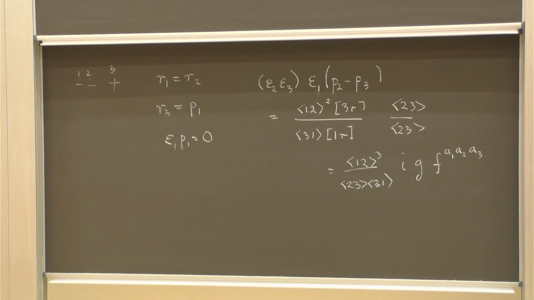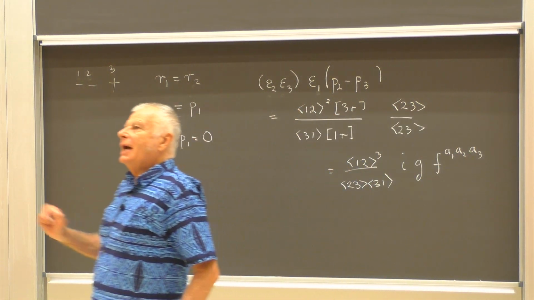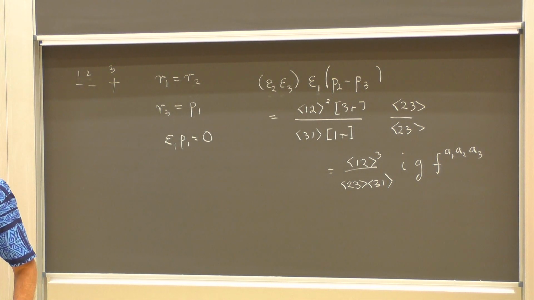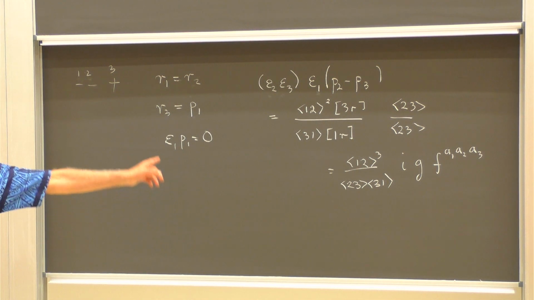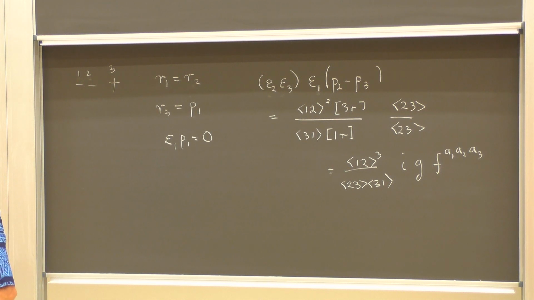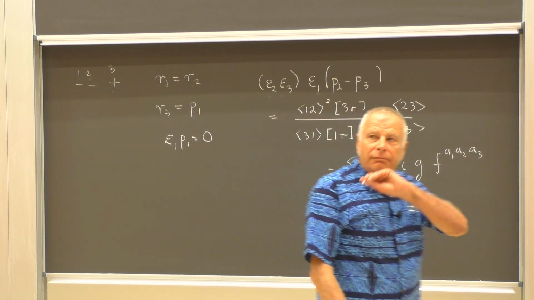To be more precise, the answer for plus, plus, minus will have square brackets instead of angle brackets, but for us this was all 0. So I'm doing here the holomorphic solution. You cannot have both.